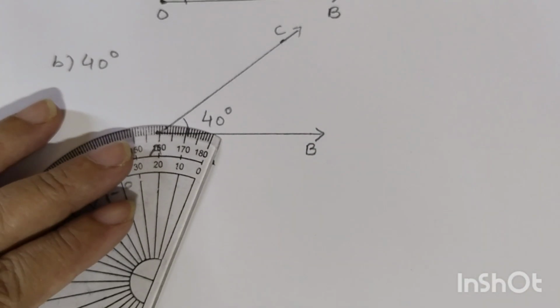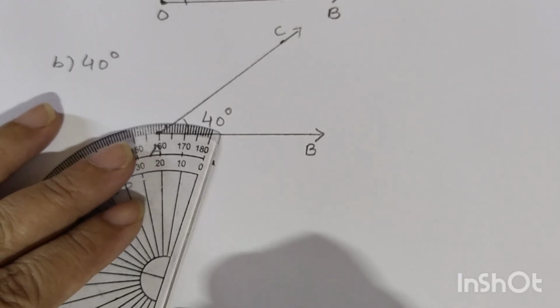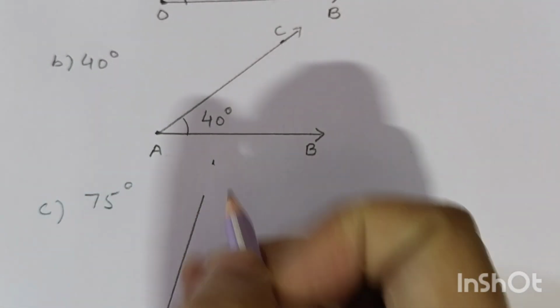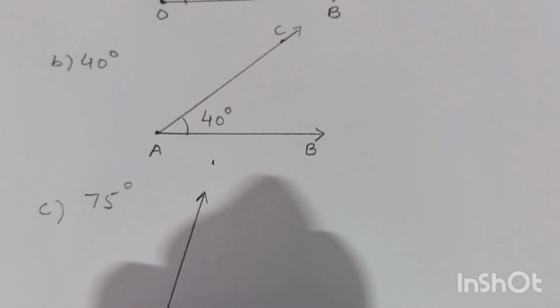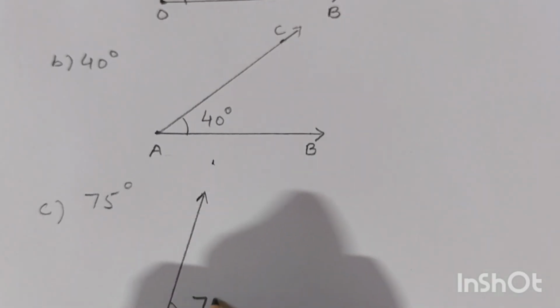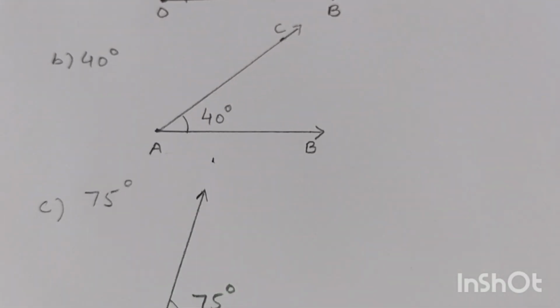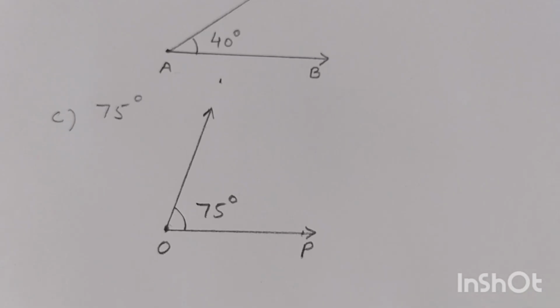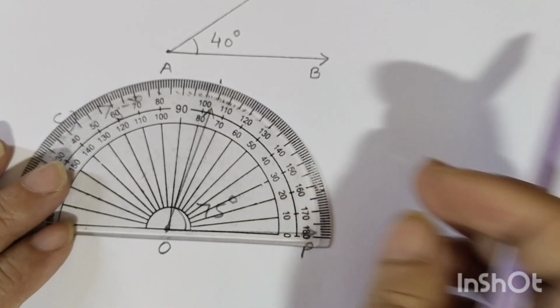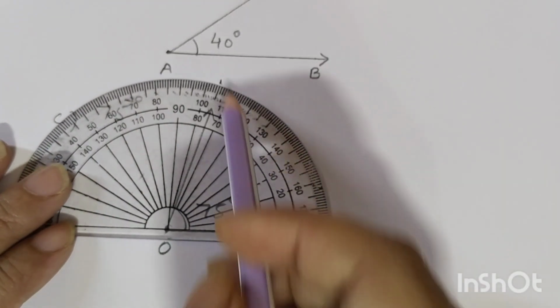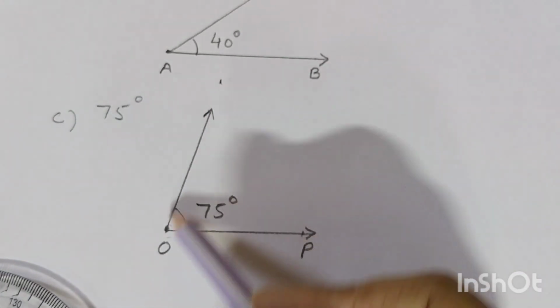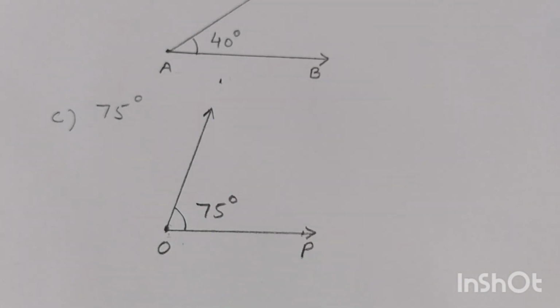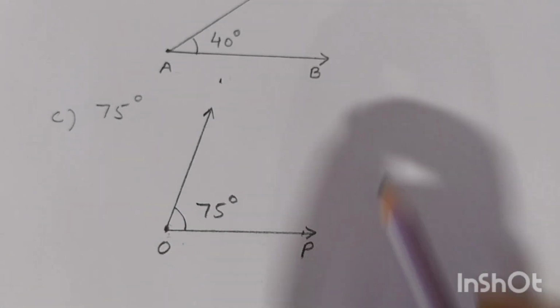Join these 2 points like this. This is an angle of 75 degree, right? First draw this line, then place this protractor at 75, mark the point, join the points, you will get the angle of 75 degree.